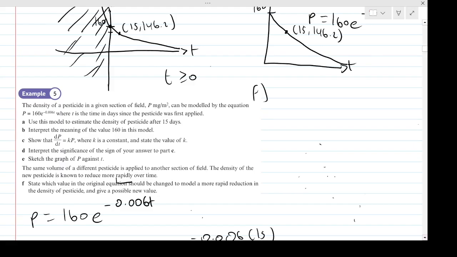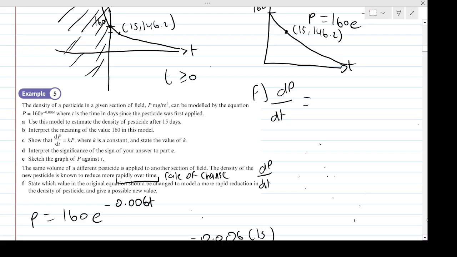This idea, rapidly over time, is talking about rate of change. So how is the density changing? That's rate of change. That will then hint to dp/dt. Well actually, we computed dp/dt.